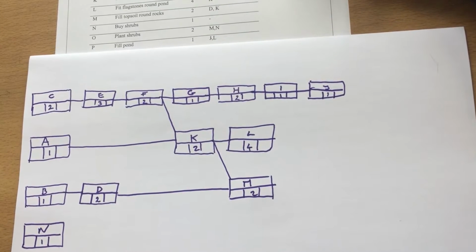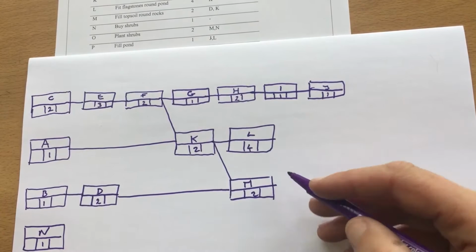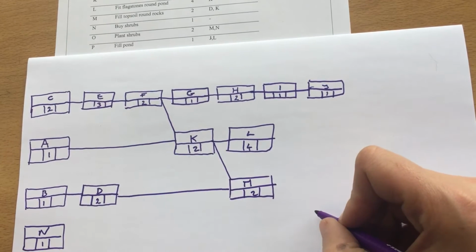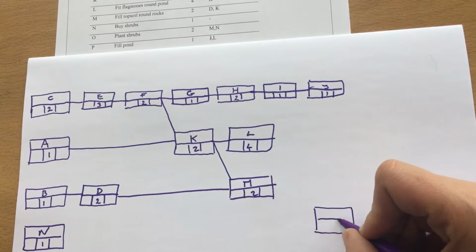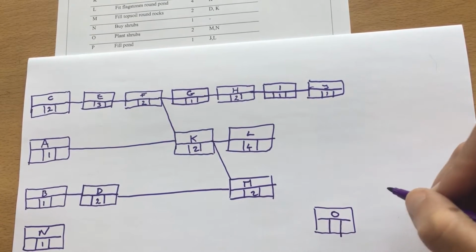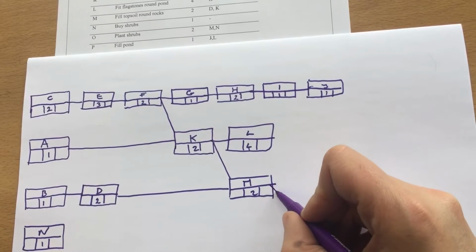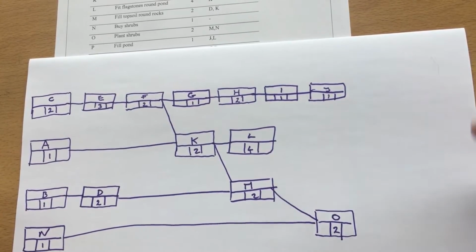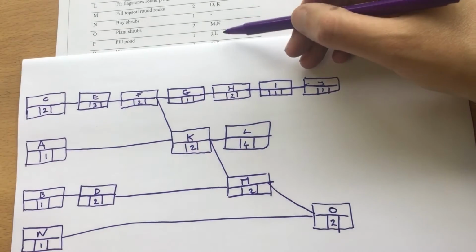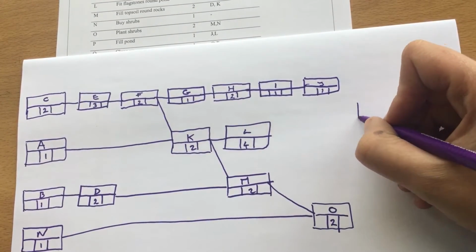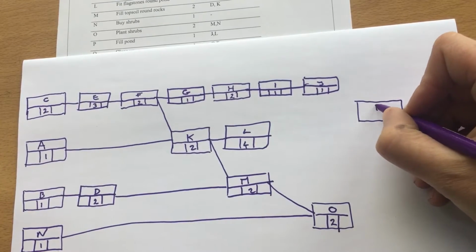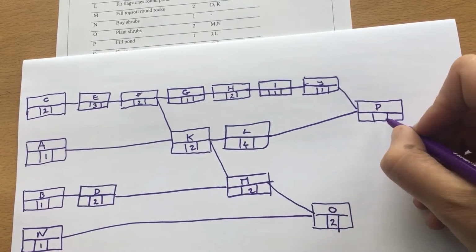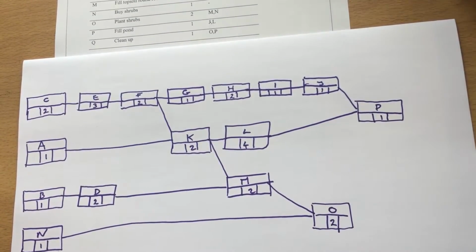O has to wait for both M and N, so we're going to have to connect O both to M and N. So if we put O down here, it's going to take 2, and it needs to be connected for both N and M. P, filling up the pond, we need for both J and L. And P takes 1, and then the cleanup.